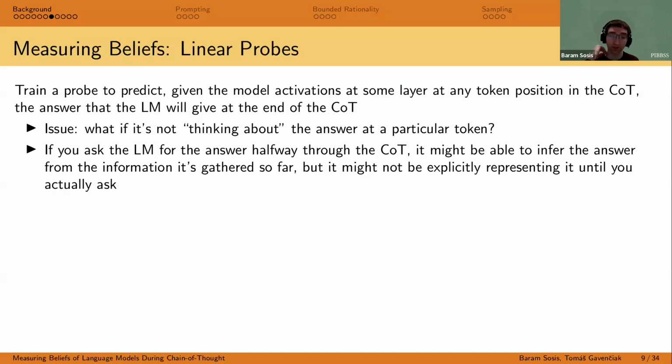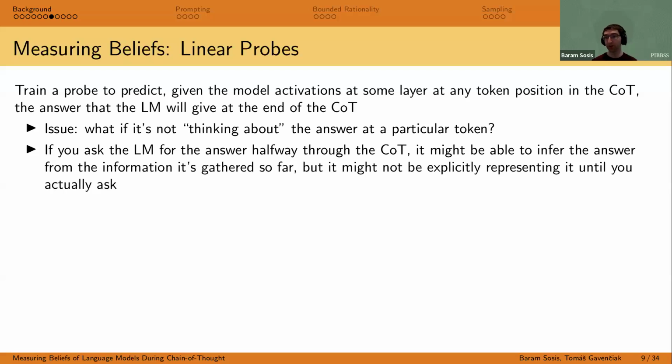But this isn't a slam dunk. There are some conceptual issues with this approach. In particular, this is only really going to measure what the model is representing explicitly in its activations. So you can imagine a scenario where the model has all of the information it needs to give the answer somewhere in the chain of thought, in the text and in its responses to the text, but it just hasn't integrated it yet.